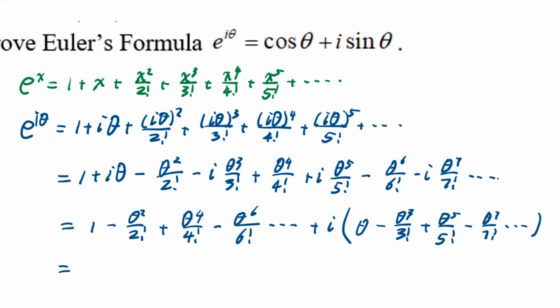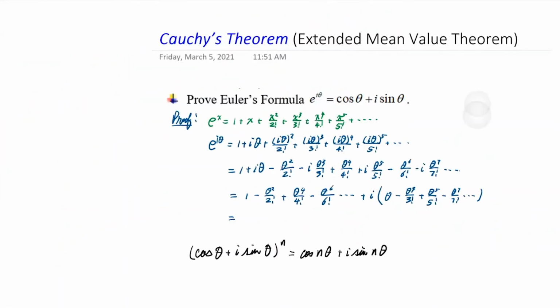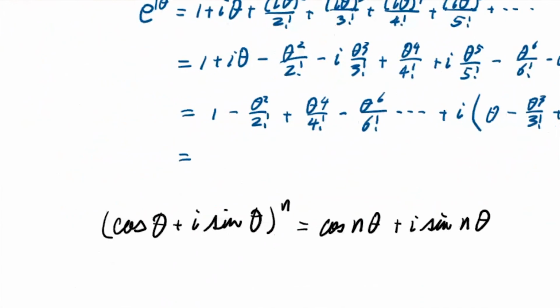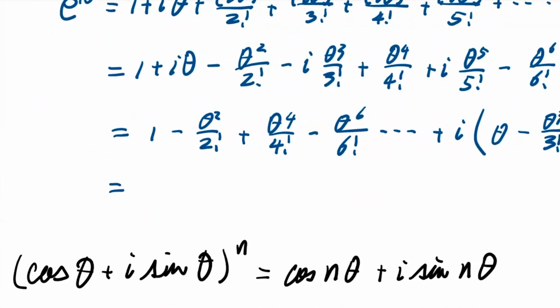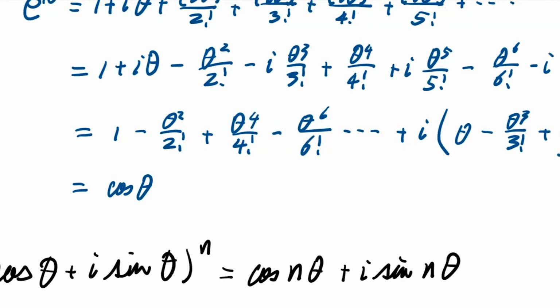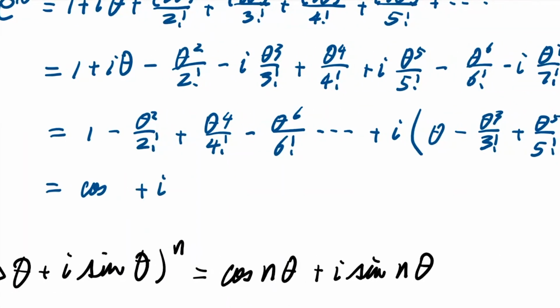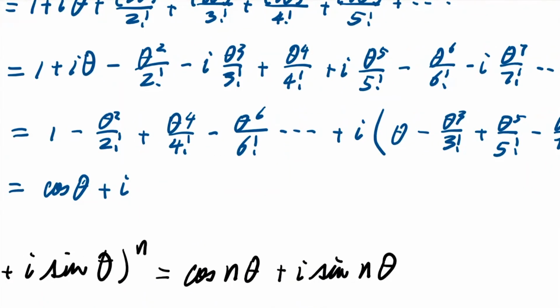Now, please tell me you recognize this? After doing your homework, what is this first real part? Cosine theta. And this thing with i? What is that? Odd terms.